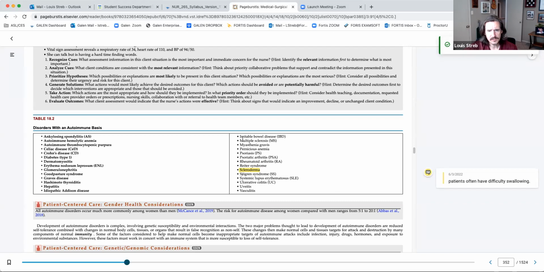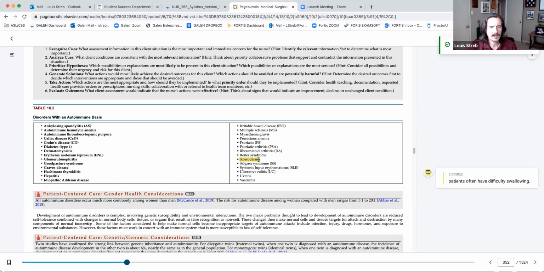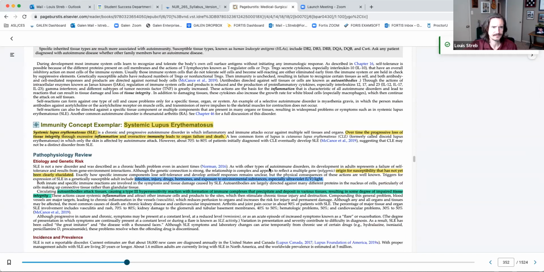A lot of stuff. So we know irritable bowel, we know psoriasis, we know psoriatic arthritis and RA. Those are all things that we're worried about for sure. Ulcerative colitis, absolutely. But what's going to kill my patient fastest when they have an inability to swallow because they're starting to have inflammatory swelling and edema in their airway? So just be cognizant of what your priority is.